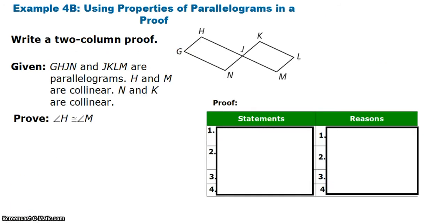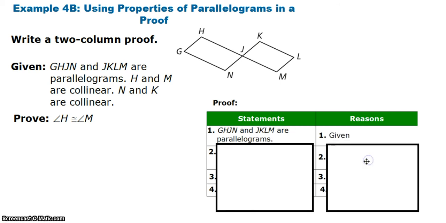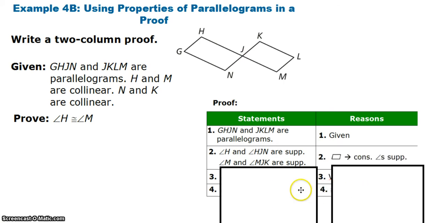So go ahead and pause the video and attempt this proof. Come on back and check your work. Okay, we're given that these are parallelograms, right? And so we can say that angle H and angle HJN are supplementary. Angle M and angle MJK are supplementary. Consecutive angles in a parallelogram are supplementary.